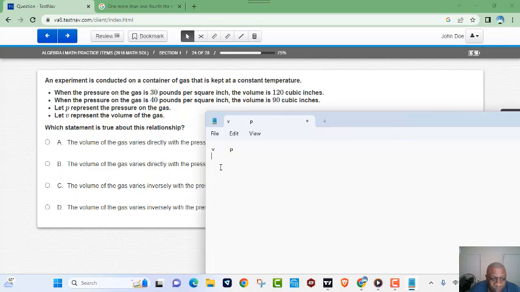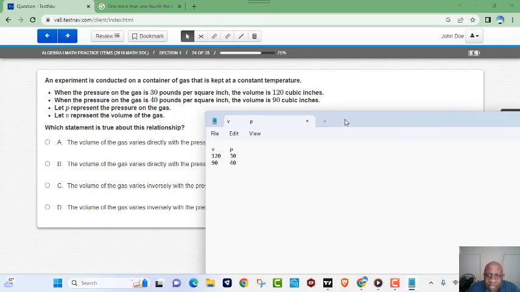So the volume is 120 cubic inches when the pressure is 30 pounds per square inch. Then when the pressure on the gas is 40 pounds per square inch, the volume is 90 cubic inches. So the volume will be 90 cubic inches when the pressure is 40.